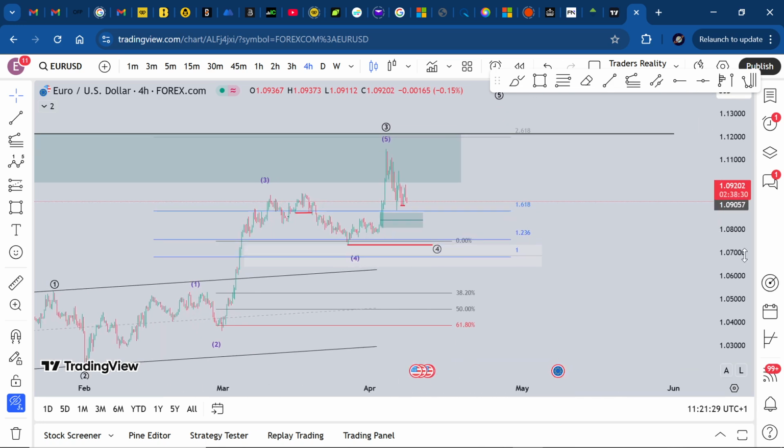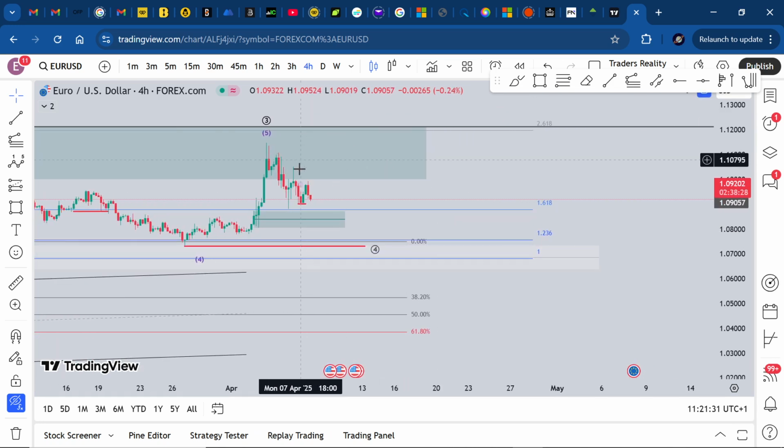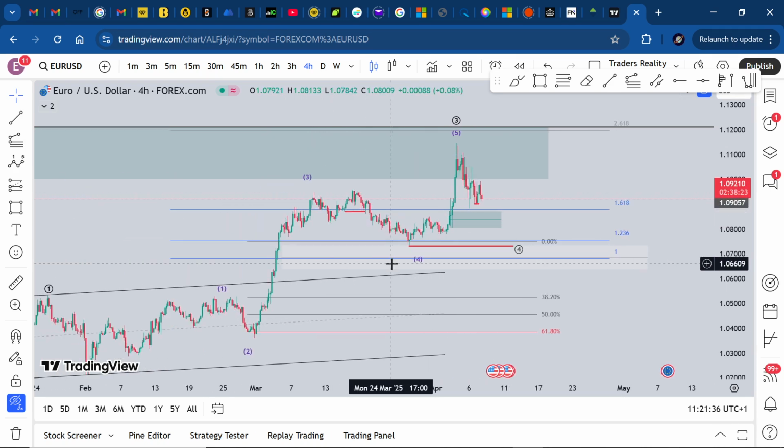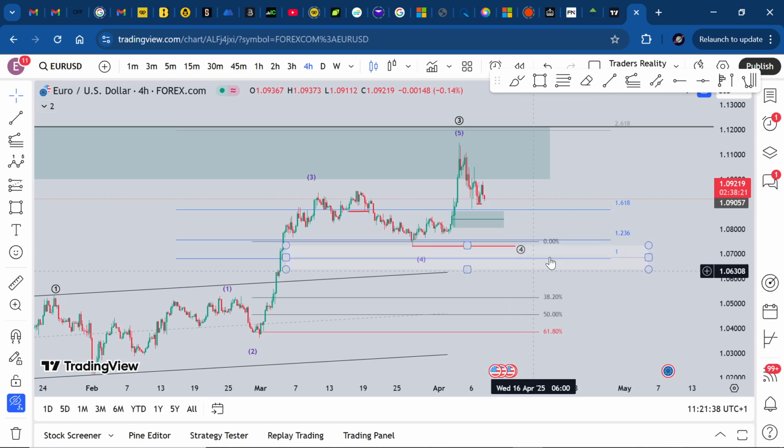Okay. The reason why we've got to be careful in this demand zone is price may come down a bit lower into the imbalance, or just to swipe, say, one of these lows.